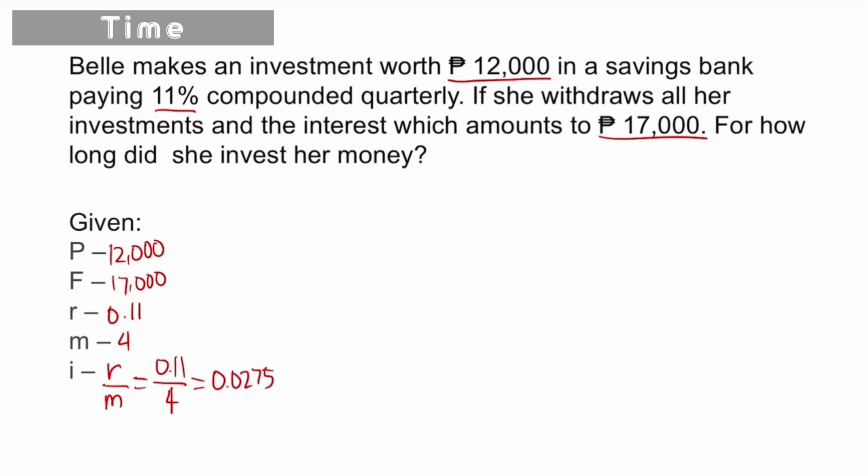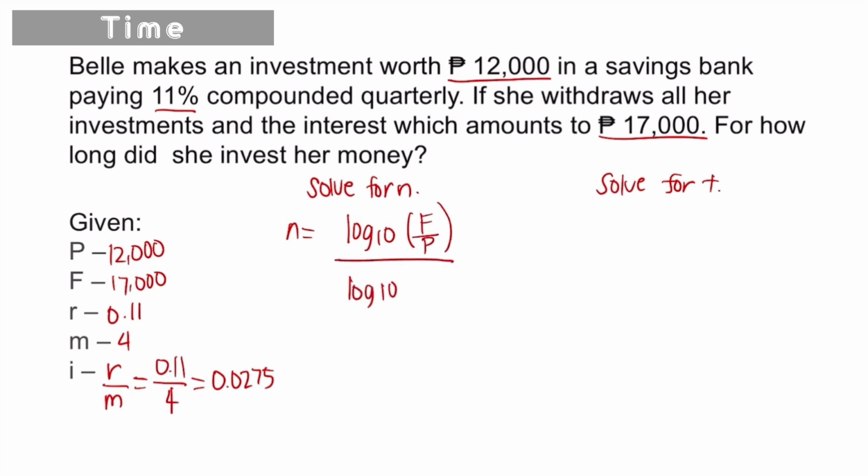Now, since our missing value is time and the formula for time is N divided by M, we need to find the value of N first. And the formula for N is log base 10 of F over P, over log base 10 of 1 plus I. Then all we need to do is substitute the given numbers to the formula.